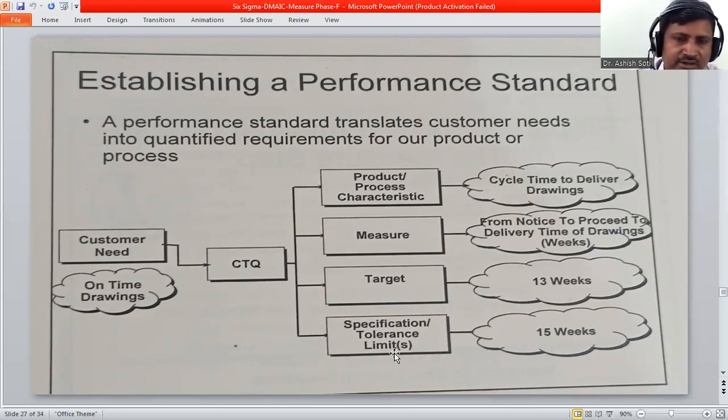Target 13 weeks, specification plus minus 2 weeks, 15 weeks. So this can be a good way to completely understand how customer need is converted into performance standard for the operators or the persons in the company.